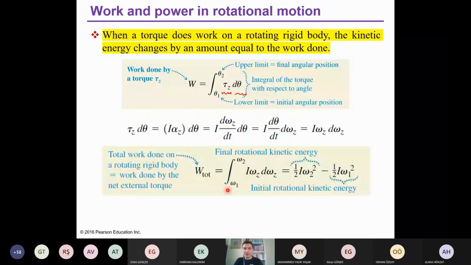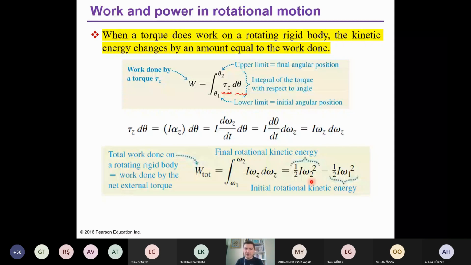Now the lower limit changes from theta 1 to omega 1, because here we have omega z, and the final limit is omega 2. What are omega 1 and omega 2? This is the initial angular speed, and this is the final angular speed. Moment of inertia, omega z, d omega z. If you solve this integral, you can get this expression.